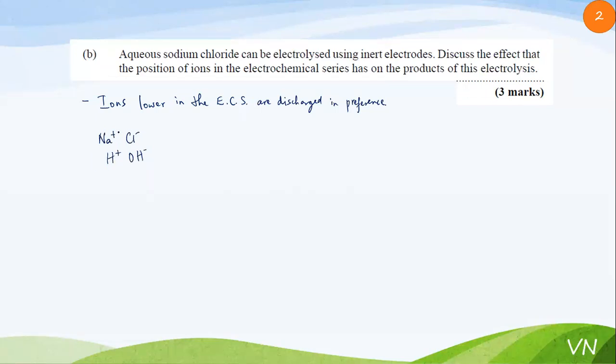So we talk about the cations now. Which one is lower out of sodium and hydrogen? Out of sodium and hydrogen, which is lower in the electrochemical series? Good, so it is hydrogen that is lower.